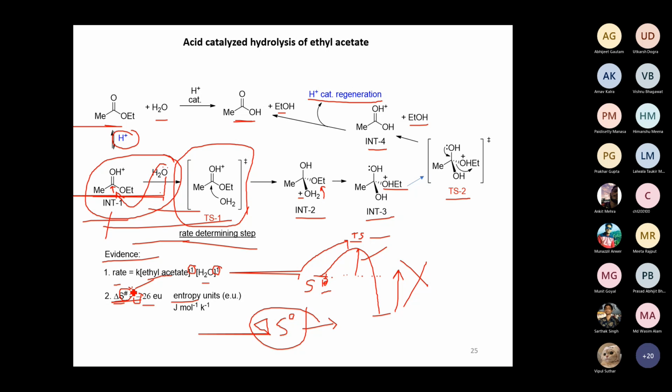Do not get confused. Is it clear? Yes, sir. Okay, good. This is not about thermodynamics. I am talking about the first step, the rate determining step. Not del S 0. The 0 means the difference between the product and starting material, a thermodynamic parameter. This is the kinetic parameter, del S of activation.